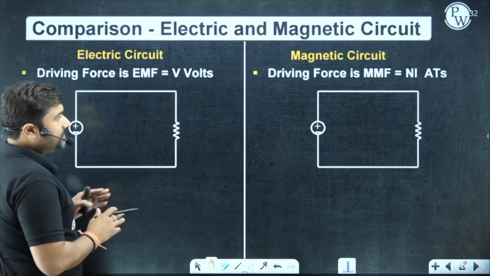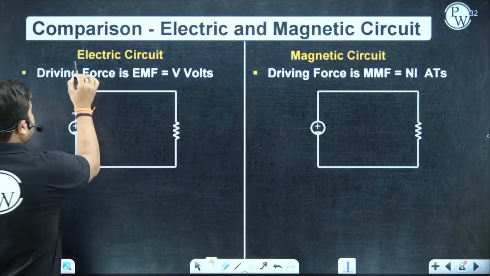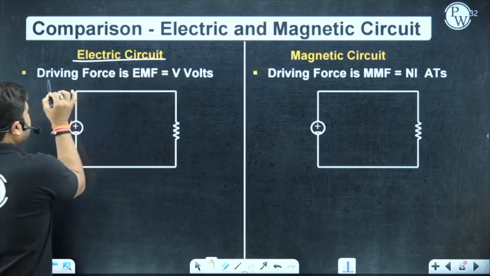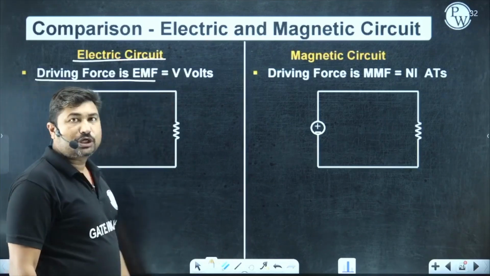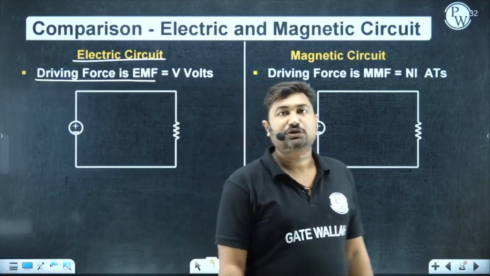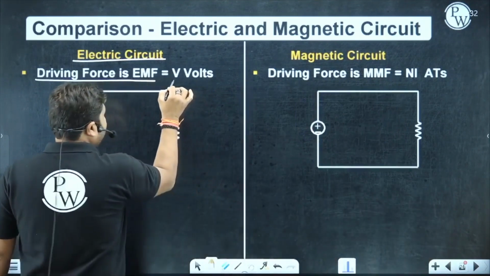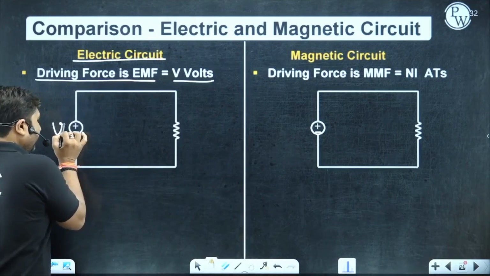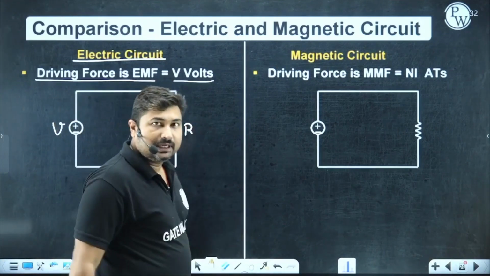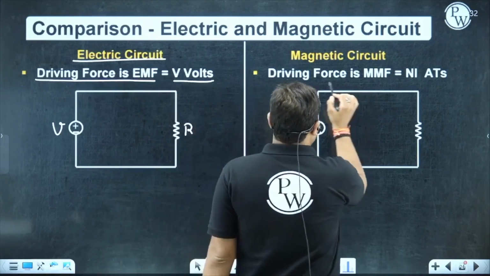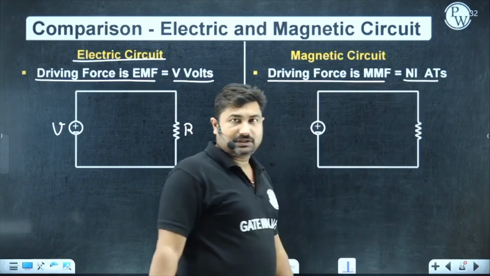Further, please observe. I am going to show you an electric circuit and a magnetic circuit. In an electric circuit, current is driven by the force called electromotive force, and you can represent it by V volts. Let us suppose this to be the resistance R. In the magnetic circuit, flux is driven by the force called magnetomotive force.